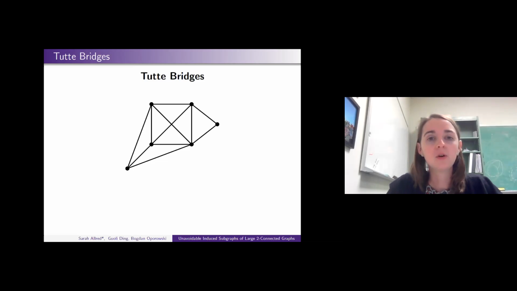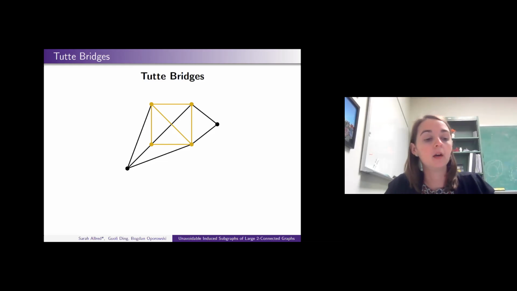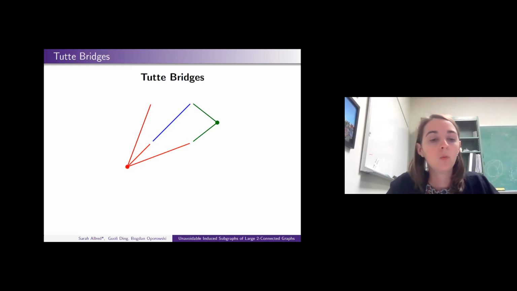All right, so we're going to think about it with this picture. Here, we're going to think about this gold graph, and the bridges of this gold graph. To do that, we think about deleting this gold graph, not in a graph theory sense, but in a topological sense. So when we delete this gold graph, the black edges are still just hanging out there in space, and they'll break into three different pieces.